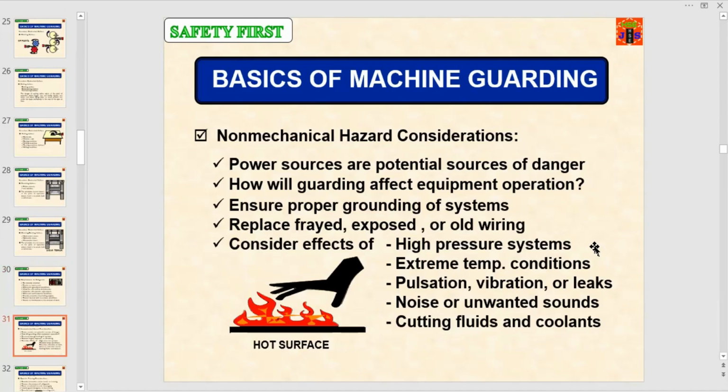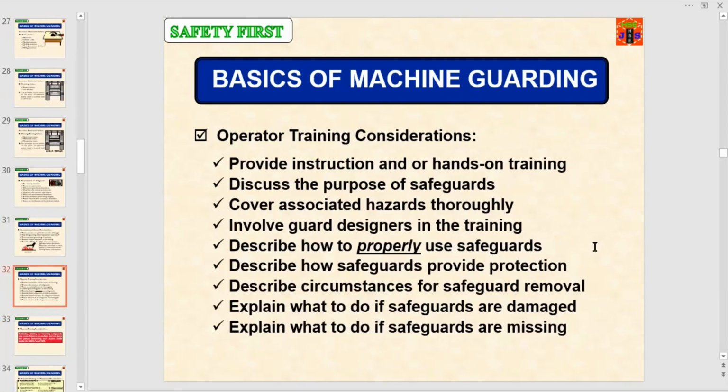Consider effects of high pressure systems, extreme temperature conditions, pulsation, vibration, or leaks, noise or unwanted sounds, cutting fluids and coolants.